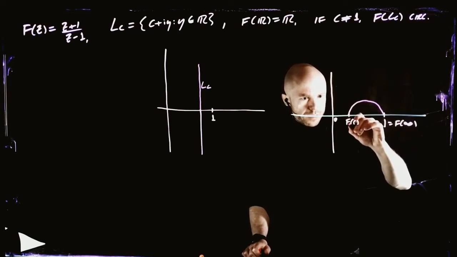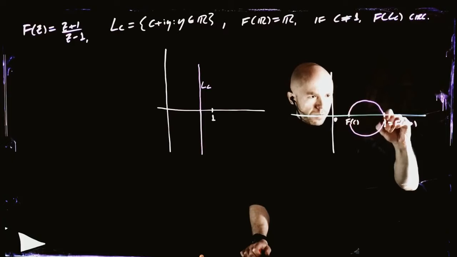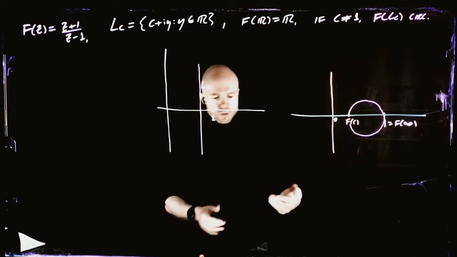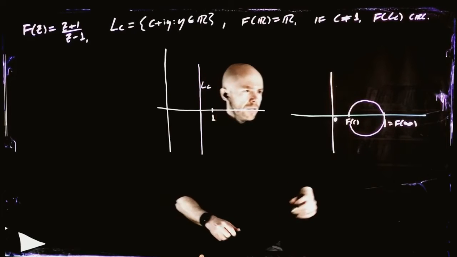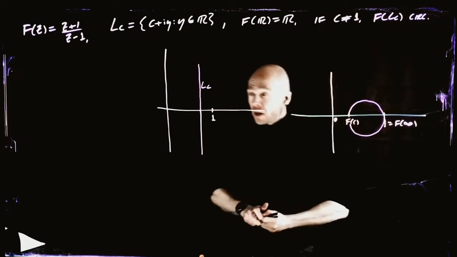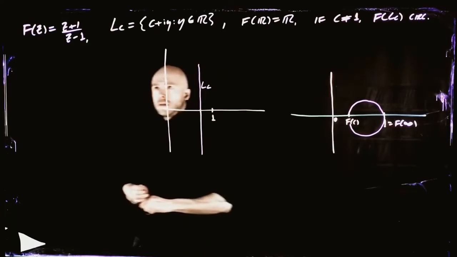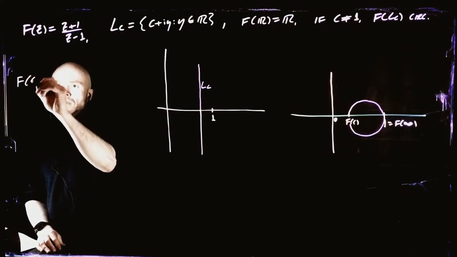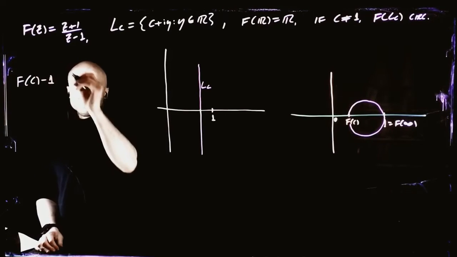And because f of c is explicitly calculable, we can find the diameter of this circle and therefore the radius. So all we need to know is if the center is on the left or the right-hand side of 1. Actually, we can just consider this quantity.